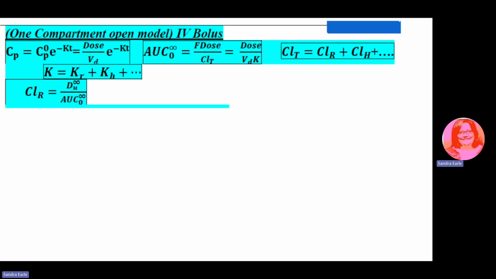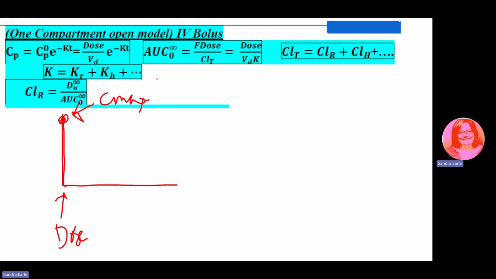All right. So with an IV bolus, we're starting with a very simple situation, right? We're giving a dose here, and boom, when we give that dose, it goes into the volume of distribution, and we get our Cmax. Our Cmax in this case is equal to our dose divided by volume.